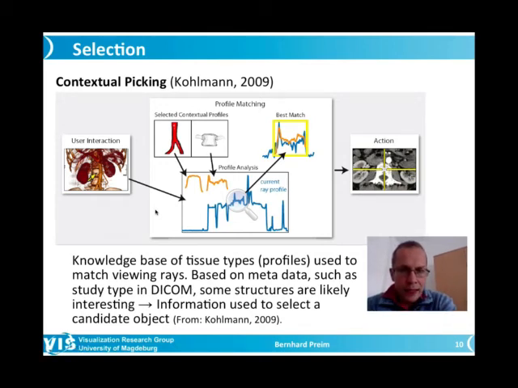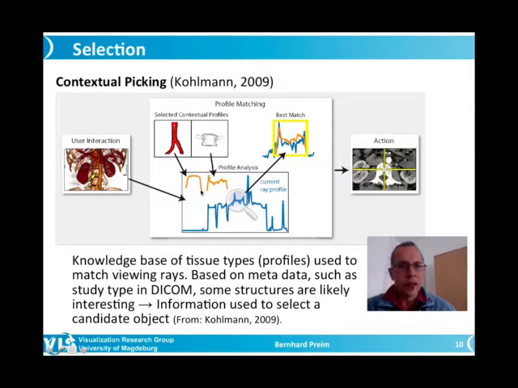A more advanced method was introduced by Peter Kohlmann and colleagues at the Technical University of Vienna. He came up with the idea of analyzing many data sets, as people would do it now in the time of deep learning. And he came up with typical profiles for vascular structures, skeletal structures, and some other anatomical structures. What is the intensity profile?